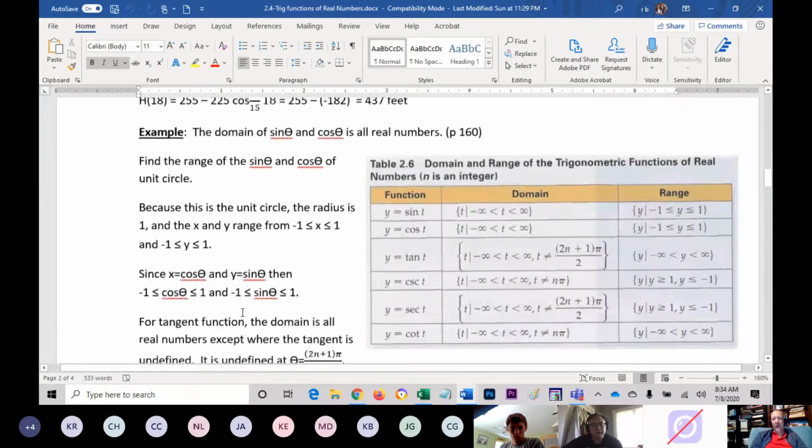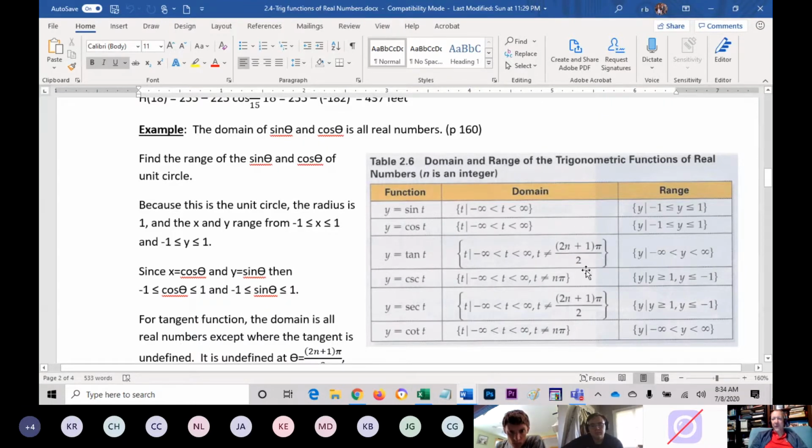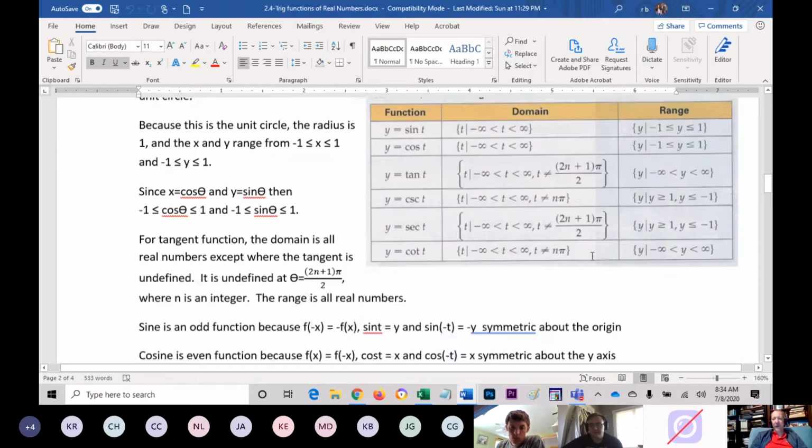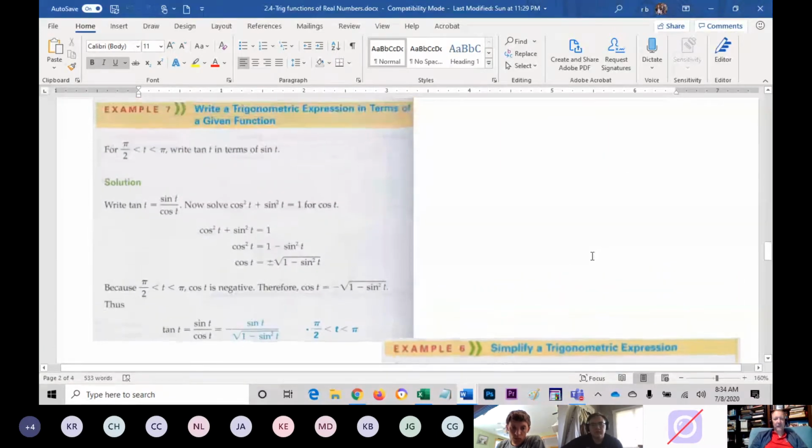Well, that's not what I was looking for, but it'll answer it. It's at multiples of pi halves. Okay, that answers it there.